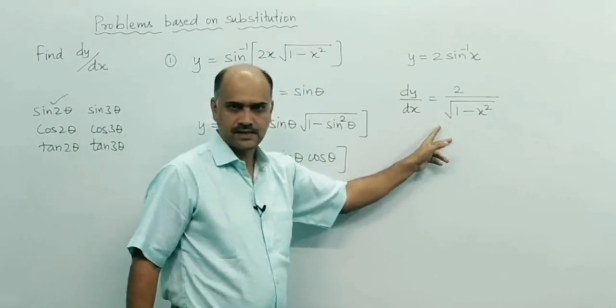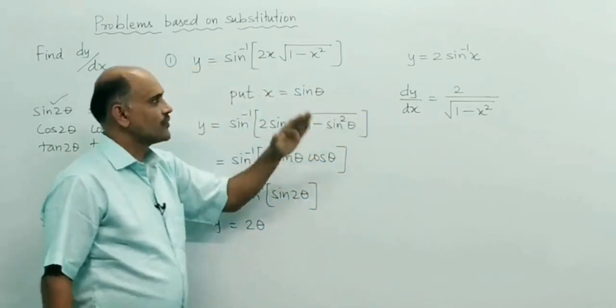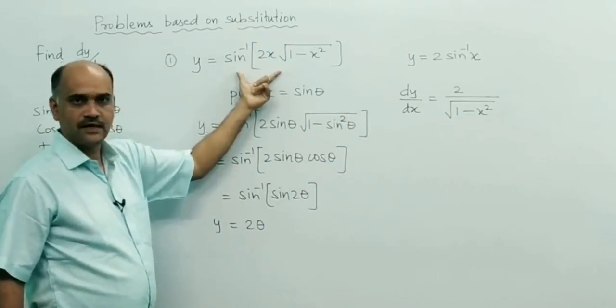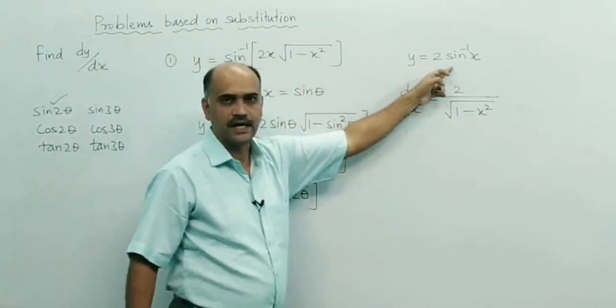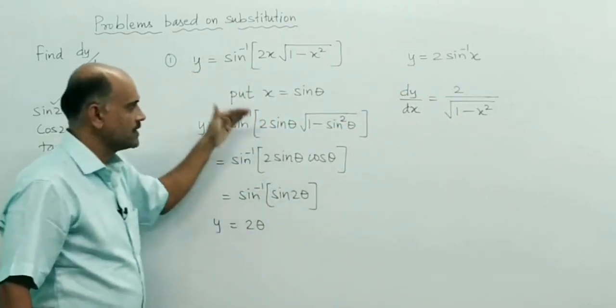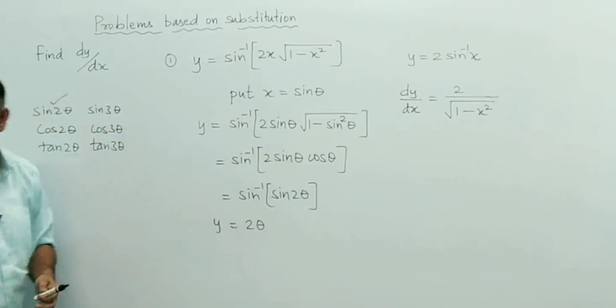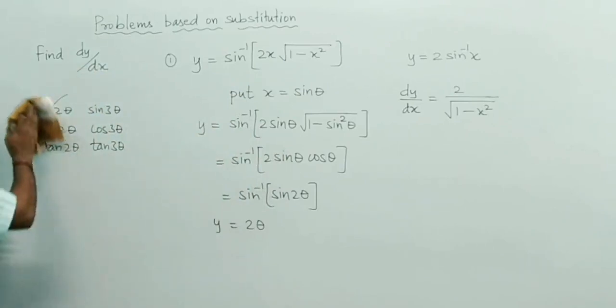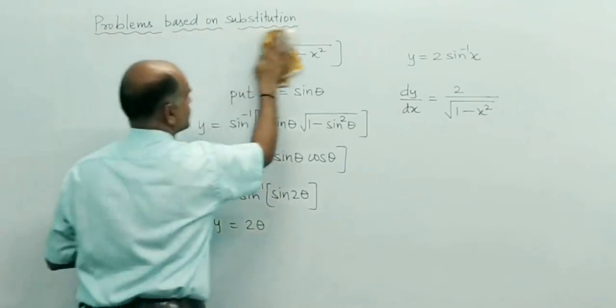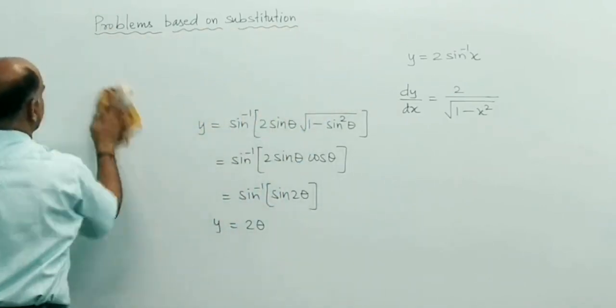This is the answer. Clear students? For CET and all, directly we remember, if it is in the form, this is nothing but 2 sine inverse x, then you will have the differentiation. So you can note down the steps, then we will go for the next problem. Second one.